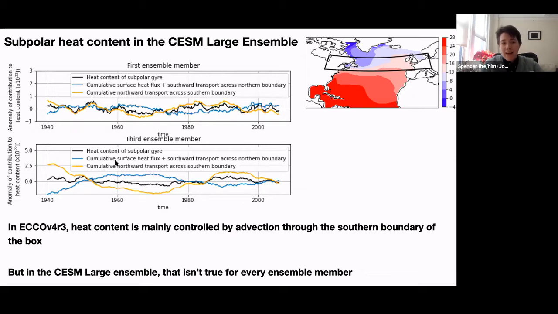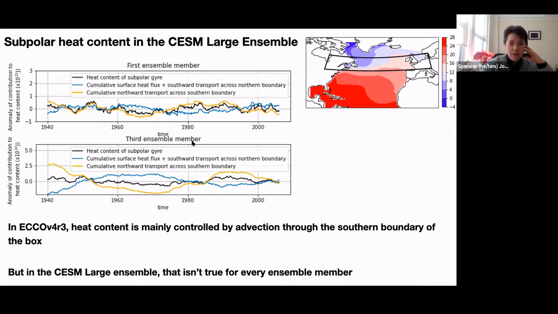But we actually find that in the third ensemble member, for example, the total heat transport is actually a product of these two other transports cancelling quite a lot.